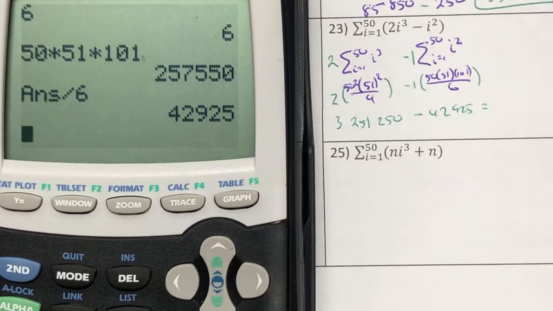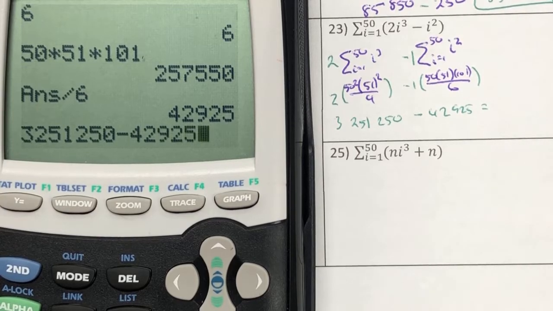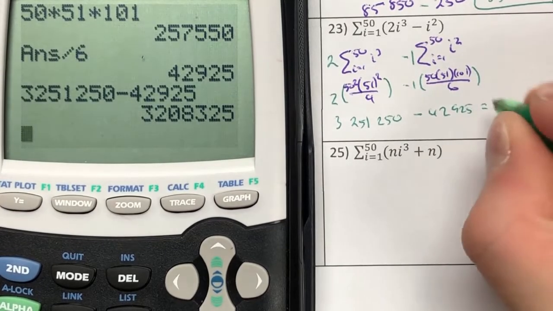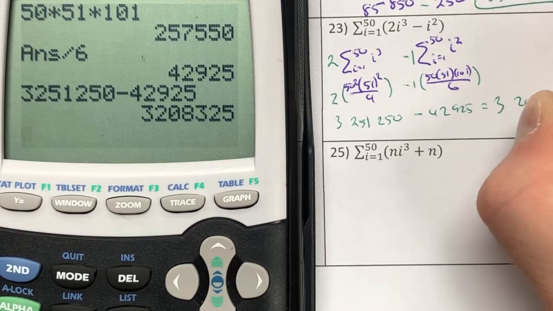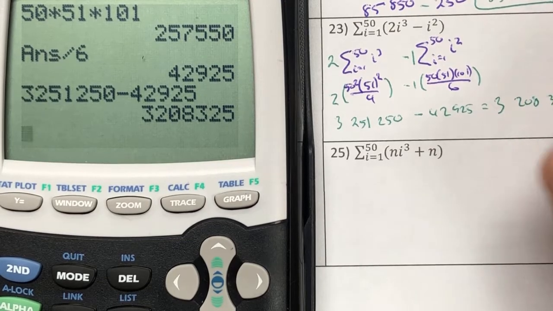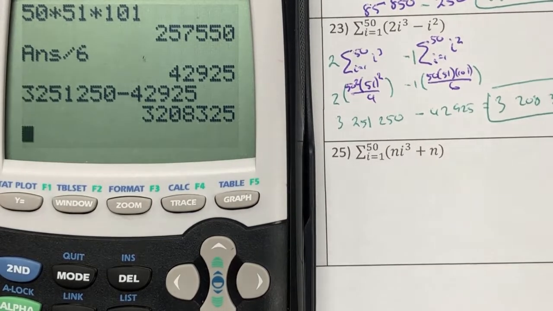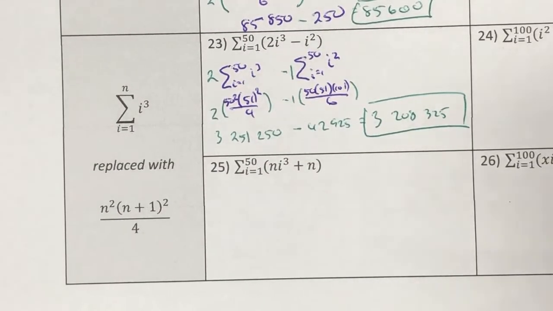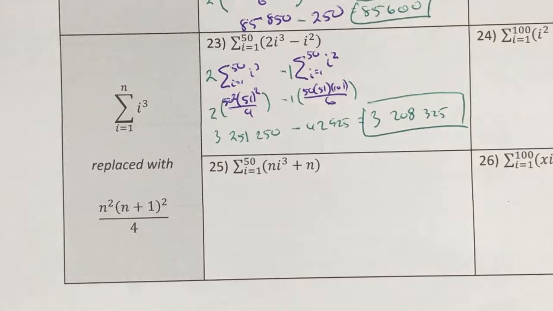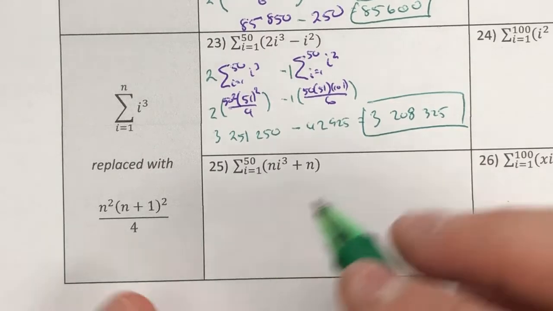We get a grand total of 3,251,250 minus 42,925, 3,208,325. Awesome.